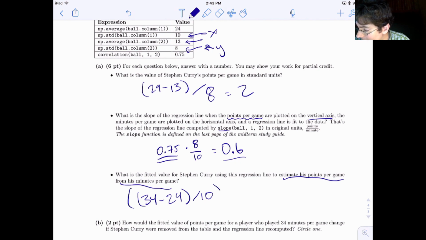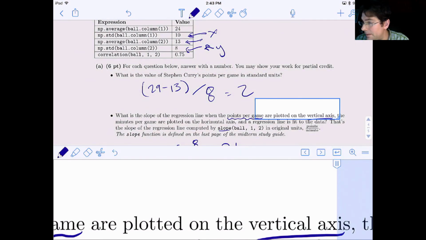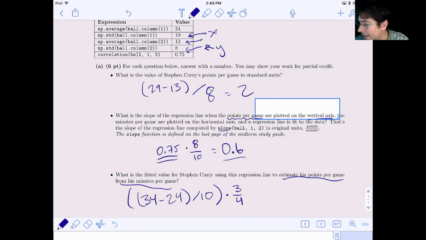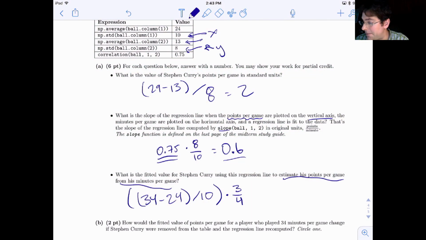We multiply that by the correlation, which is 3/4 or 0.75. And then we want to get it back out of standard units. So you get it back out of standard units by multiplying by the standard deviation of points per game and then adding back in the mean. Mean points per game is 13.